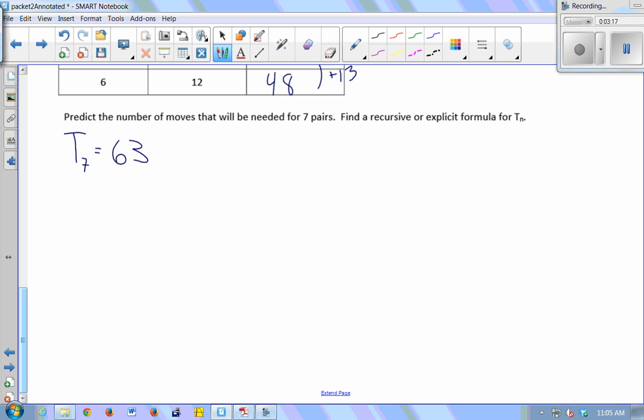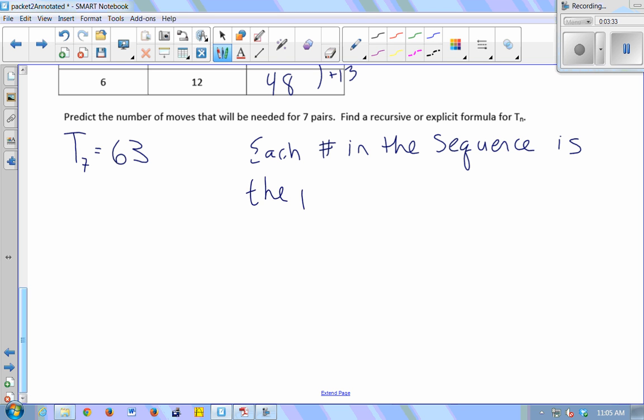So I would say each number in the sequence is the previous number plus something, right? The previous number plus what?